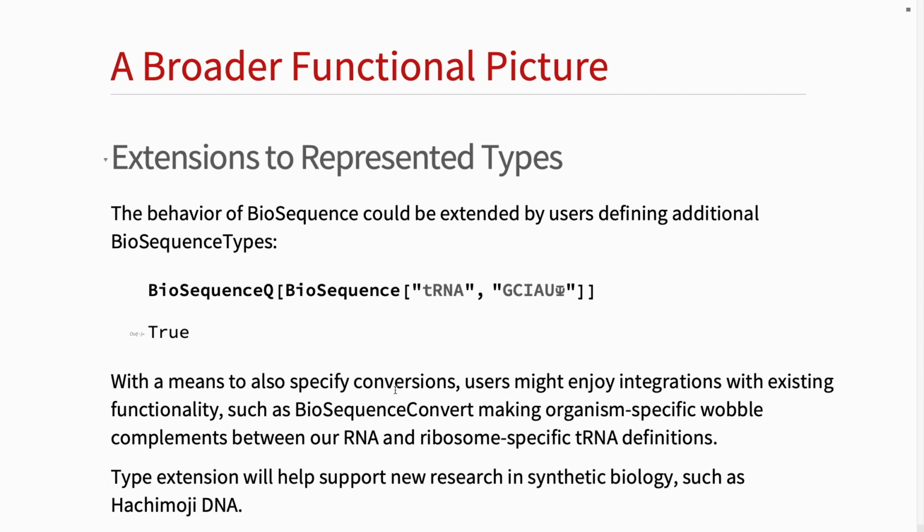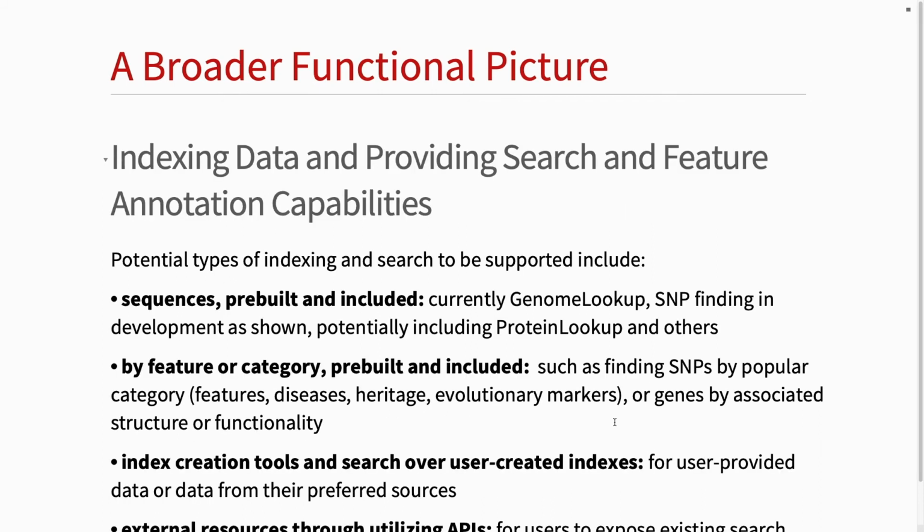We're really interested in using the entity store mechanism to allow users to provide their own types that can then convert between our types, such as making some organism-specific wobble complements between our RNA and some ribosome-specific tRNA definitions.